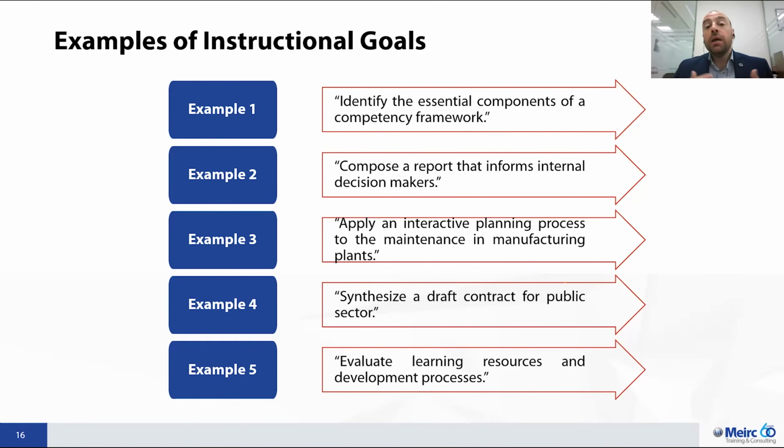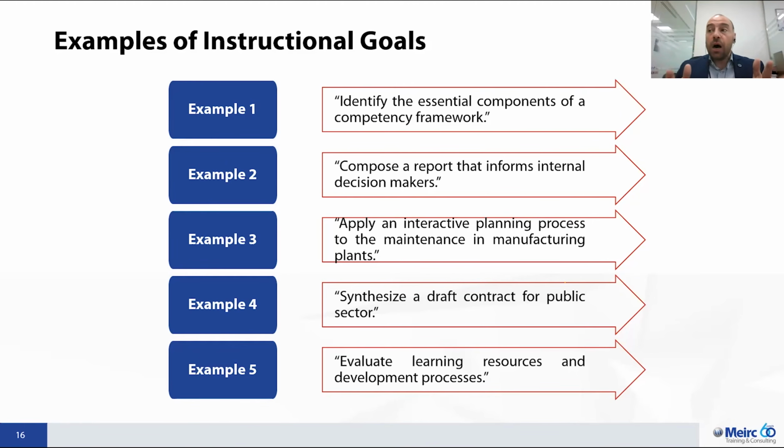And that would be a report writing course. I might want my participant to apply an interactive planning process to the maintenance and manufacturing plants. Or maybe they need to synthesize a draft contract for public sector, or evaluate learning resources and development processes.